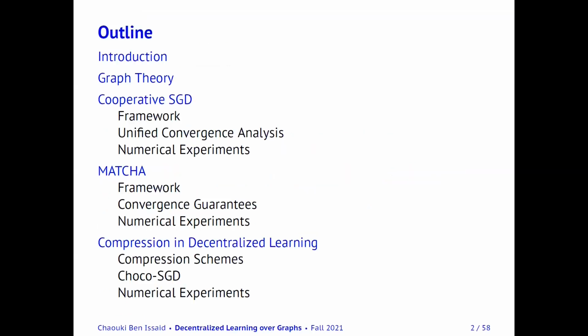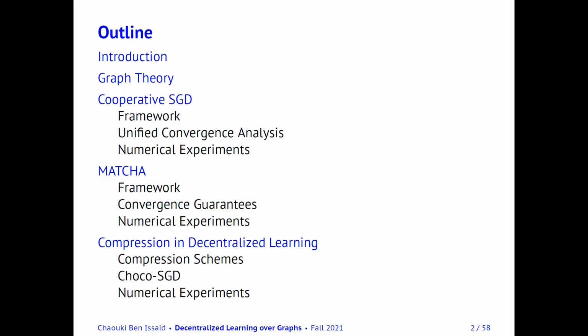This is the outline of today's lecture. First, we will briefly discuss how important decentralized learning over graphs is and define the learning problem. Then we will go over a short overview of graph theory. Note that this will be very brief, as the focus of the lecture is not graph theory.